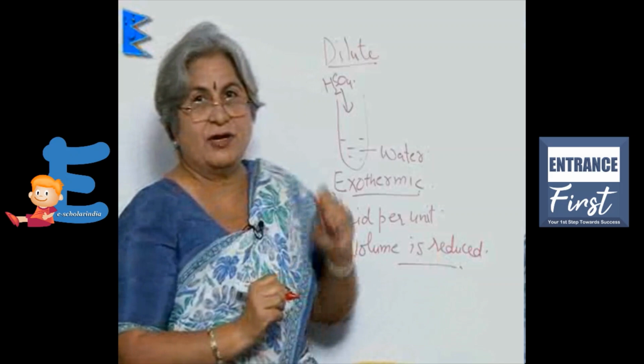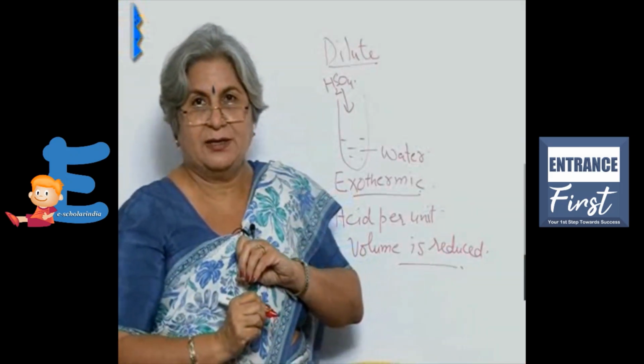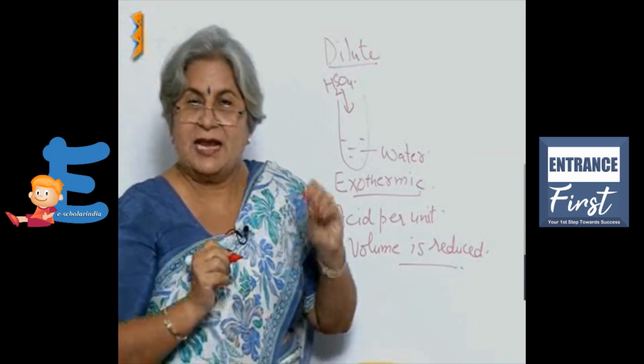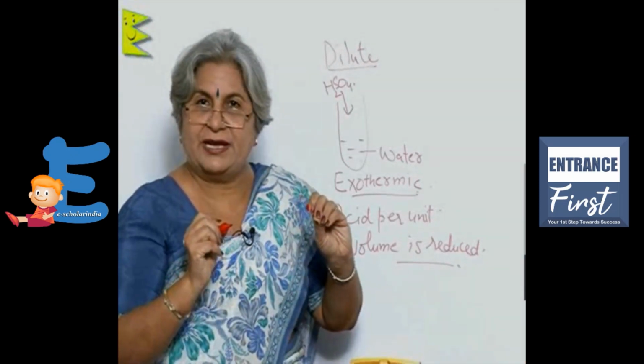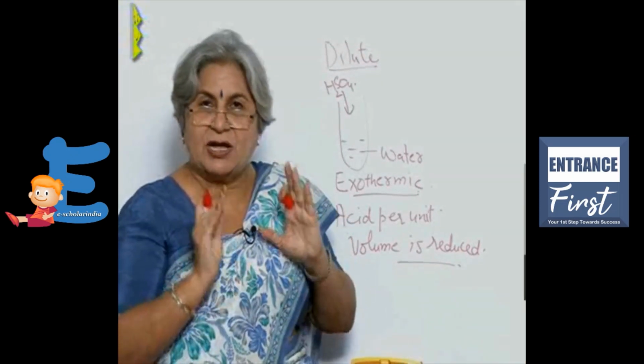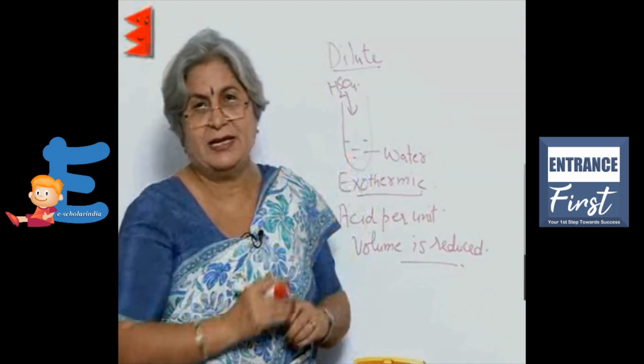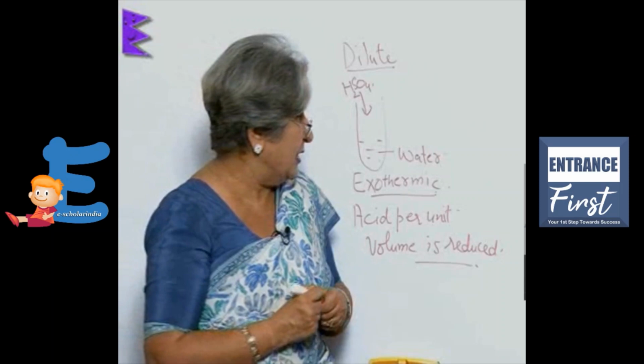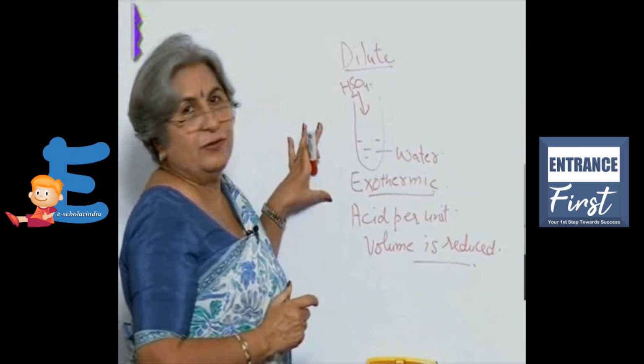That is why whatever is available in the market is always diluted acid. In the labs also we generally try to keep the diluted acid, and concentrated acid is kept very, very safely because they can be very dangerous. So this is how we can dilute an acid.